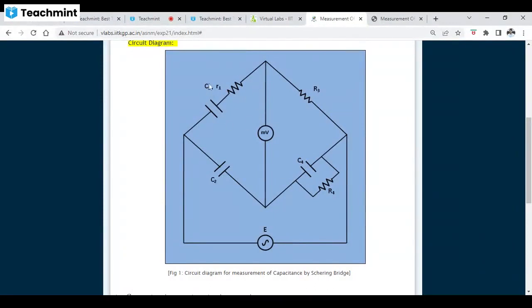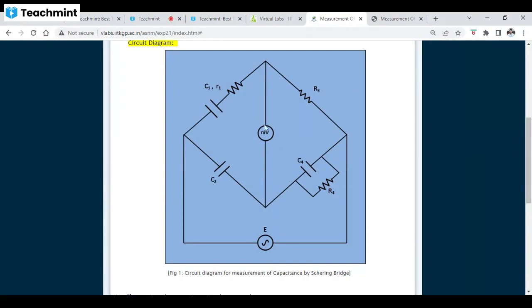Where the unknown capacitance is C1 and R1 is the associated resistance with C1, and R3 is the non-inductive resistance, and C2 is another standard capacitor, and C4 is the variable capacitor and R4 is a variable non-inductive resistance.